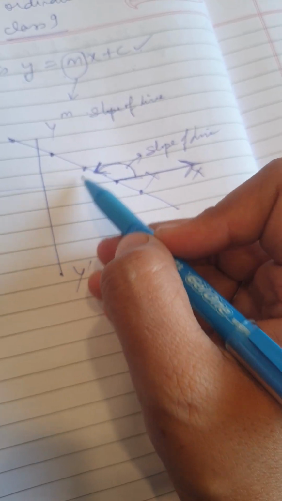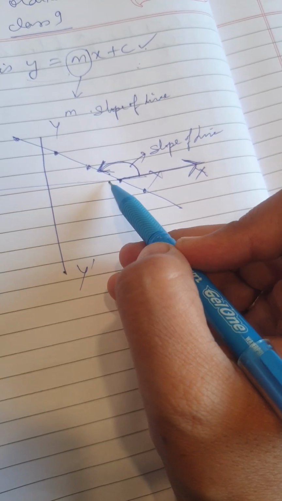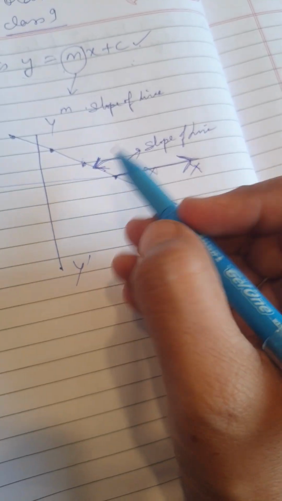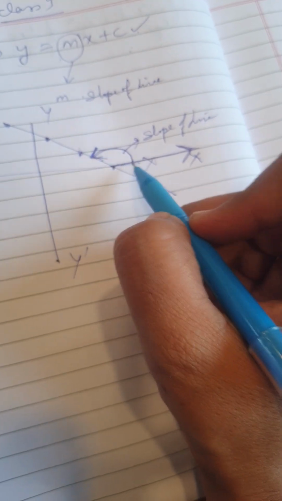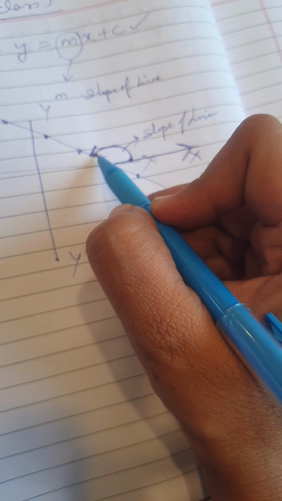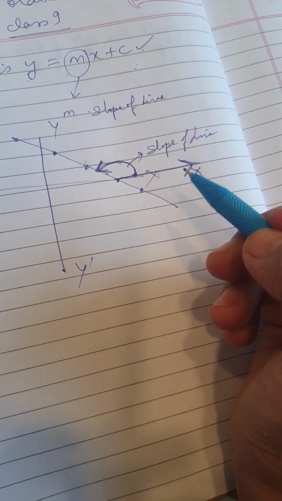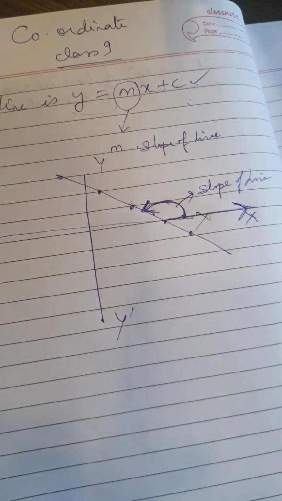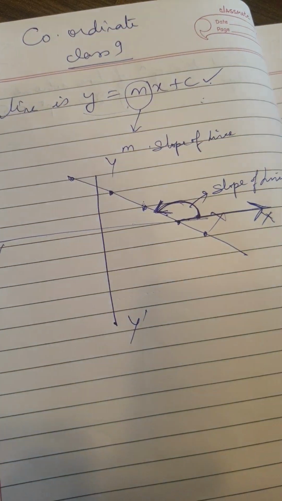This is also an angle which is forming with the x-axis, but this is not the slope. The slope comes from the positive side of x in the anti-clockwise direction. Okay, so which is our slope?